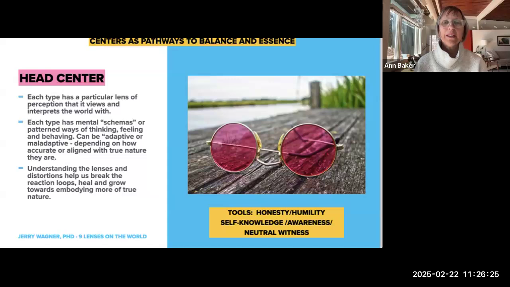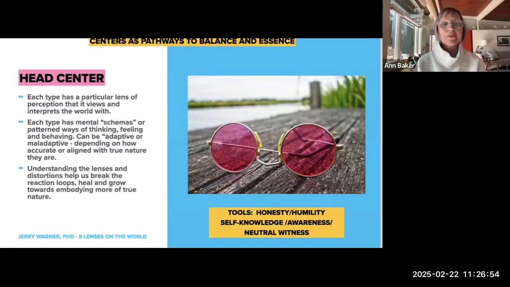And that neutral witness is really the key to connecting with your essence. So then we can start unraveling, okay, what am I really perceiving? What am I believing? As you simply witness and notice, it's pretty amazing. You can watch different patterns shift naturally without doing anything else.